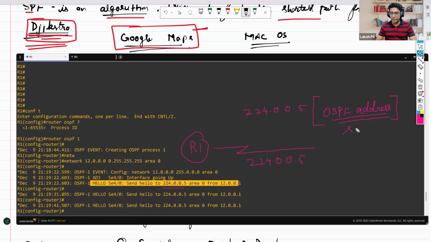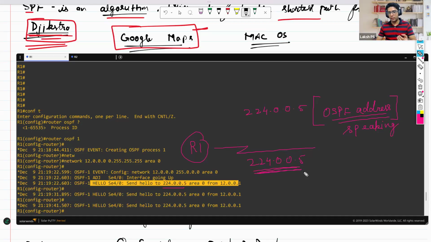It is the OSPF speaking address. Any router enabled with OSPF will be sending messages at this IP address and will be listening to messages on this address only. This is what the OSPF multicast address is.